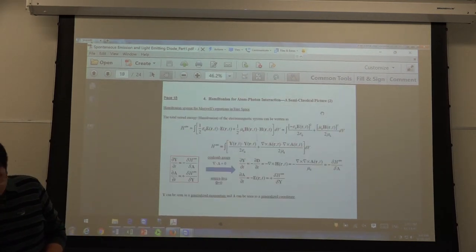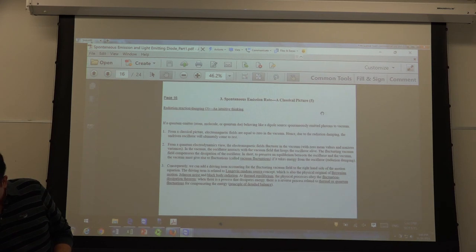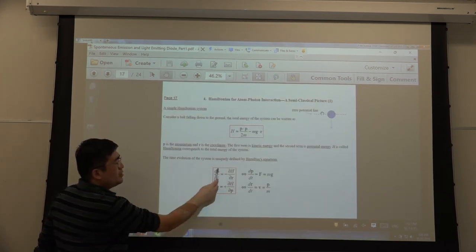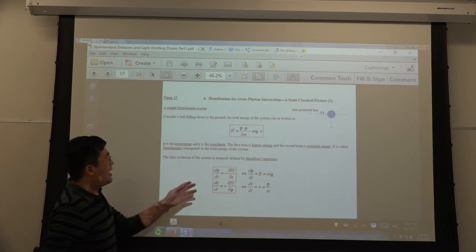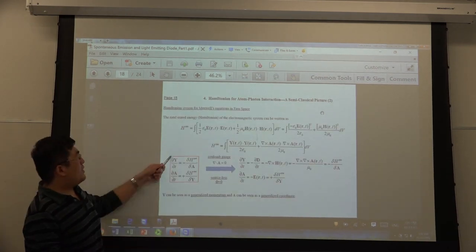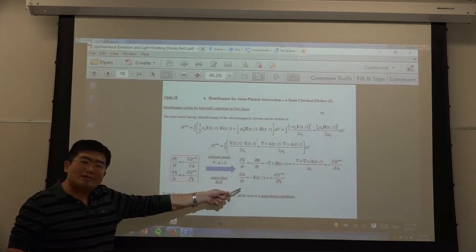I go to the first page. Initially I used a very simple case. I use this governing equation and I get Newton's law: partial P over partial t equals minus partial H over partial R, and partial R over partial t equals partial H over partial P. Then I do the Maxwell equation, using electric flux and vector potential, and also get this governing equation from Maxwell's equation.